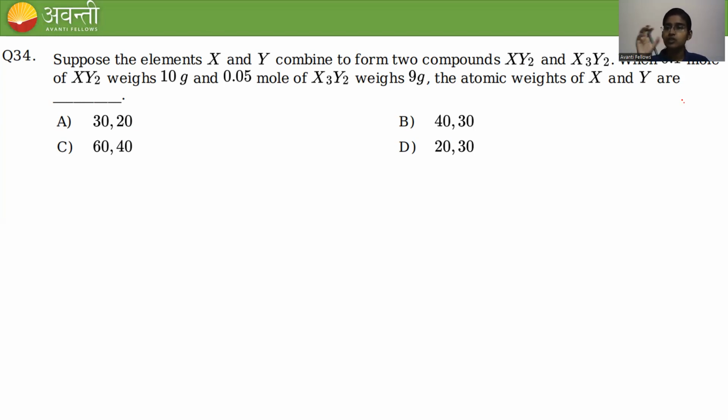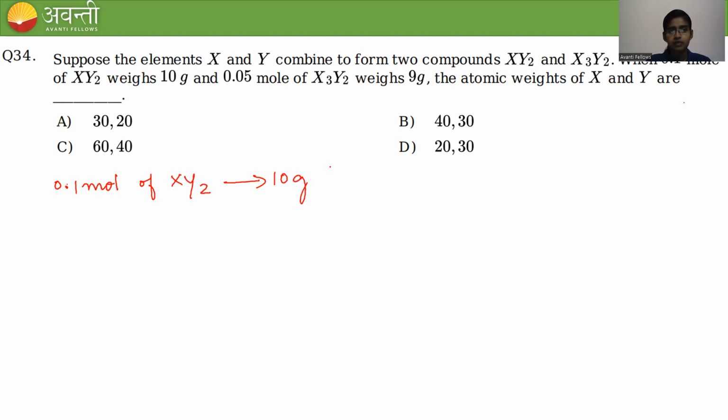So from the number of moles only you can get the molar mass. Number of moles is equal to mass by molar mass. From that only you can get the mass value. So I have to take XY2 and X3Y2 separately, and find out the mass first. So you can see the number of moles here, it is 0.1 mole of XY2 has 10 gram.